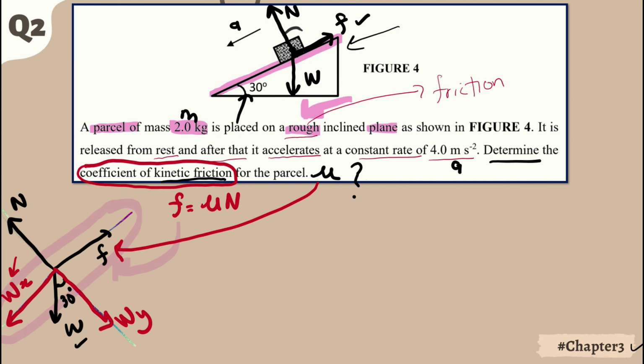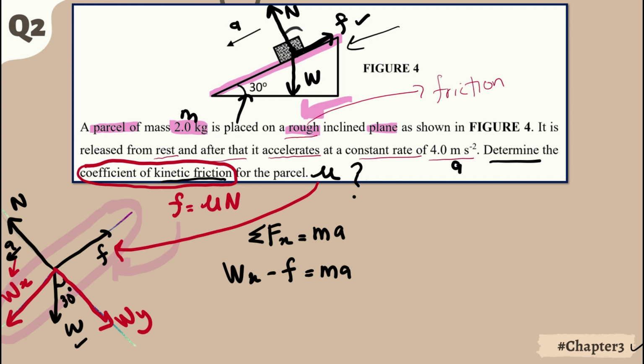So we start by writing the equation in the x-axis: summation of Fx is equal to ma. In the x-axis we have Ws minus friction, because the motion is in this direction. So Ws positive minus friction equals ma.